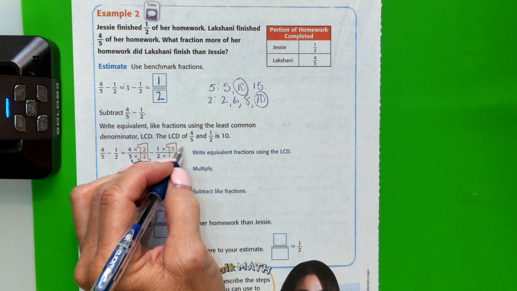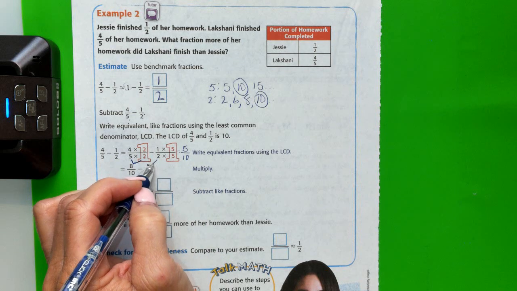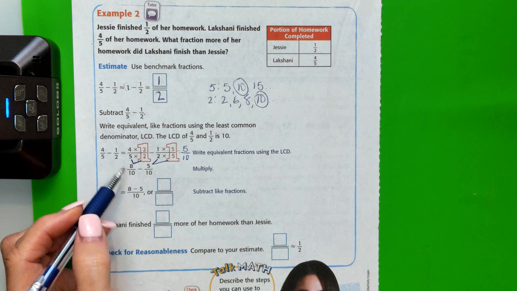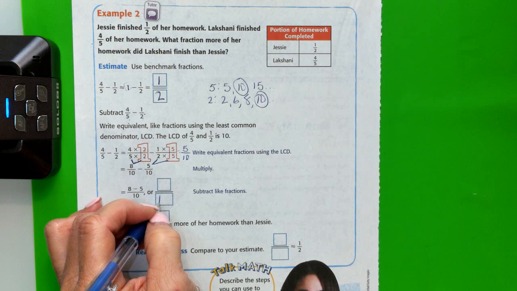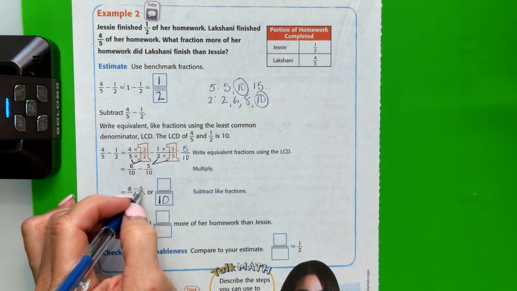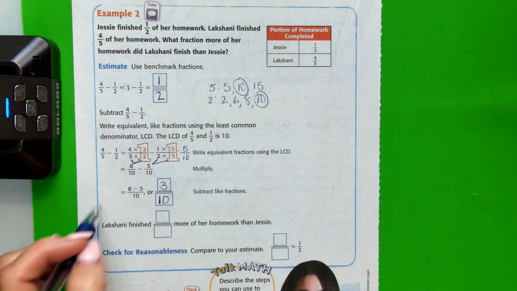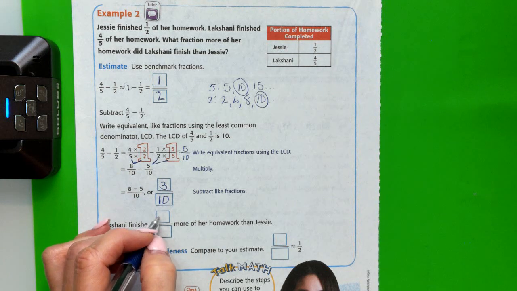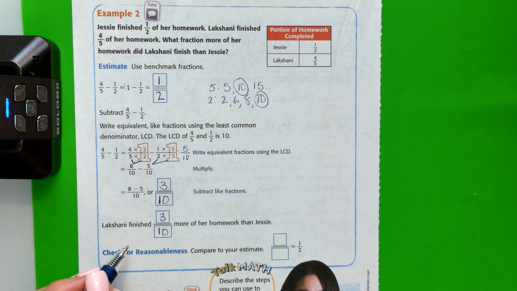So that's going to equal 5 over 10, which they wrote right there. Okay? So now we're going to subtract. So we're going to rewrite it, keeping our denominator of 10. And 8 minus 5 is 3. So Lakshani finished 3/10 more of her homework than Jessie.